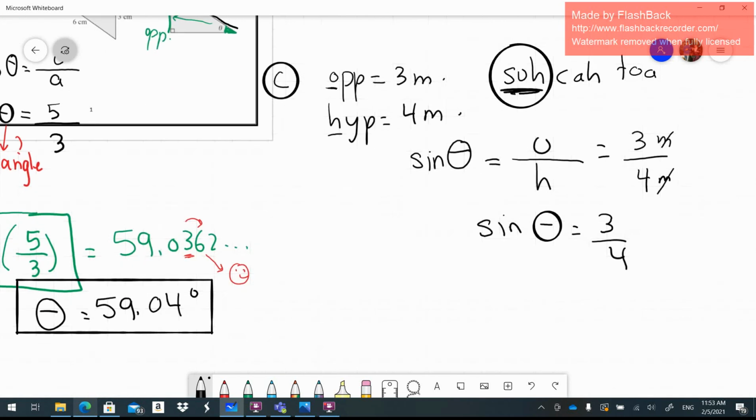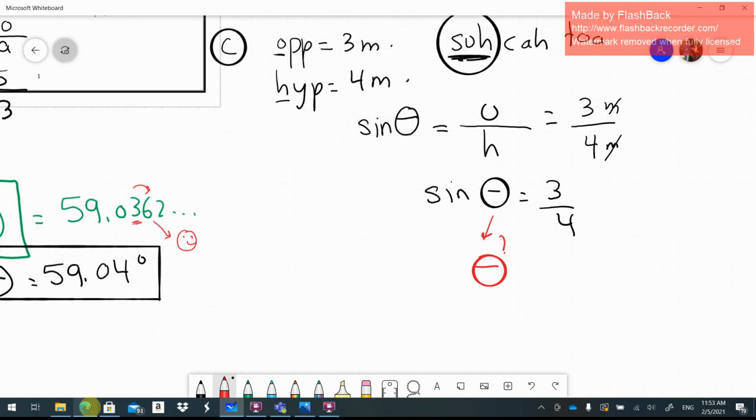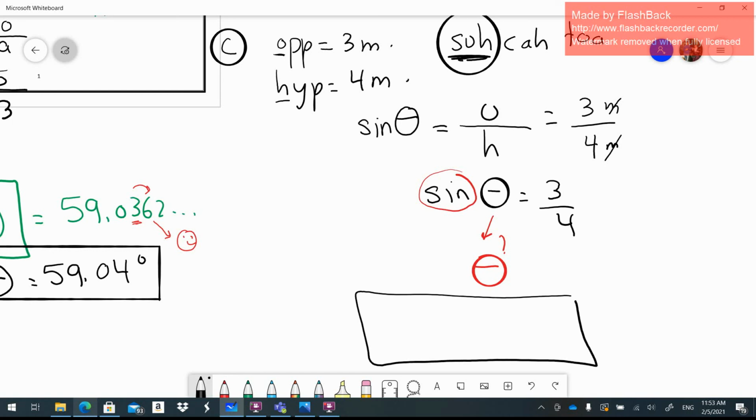Now, again, I want to find my angle. Always when I want to find the value of the angle, we have to get rid of this sticky neighbor, which is the sine. What's the inverse of sine? Arc sine. So you're going to put on the calculator shift, then sine, then the ratio, and you will get your angle.